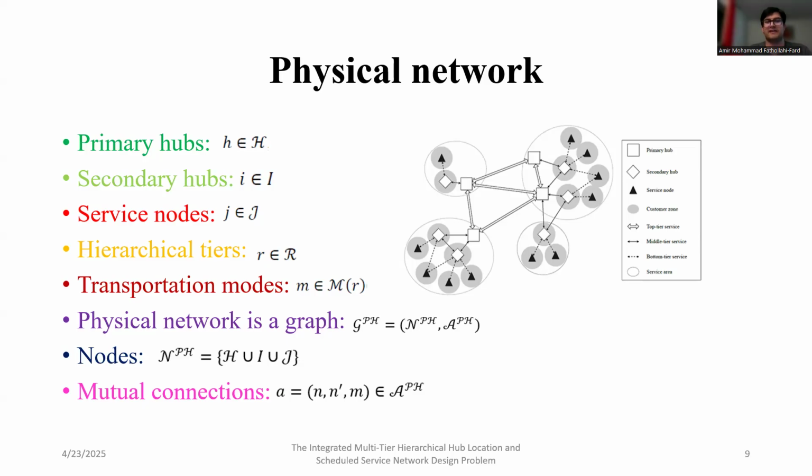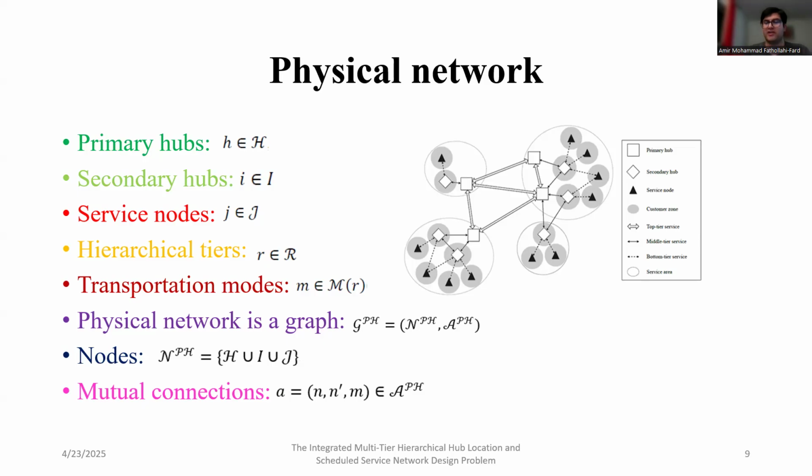Based on these nodes, which are defined as service nodes, primary hubs, and secondary hubs, we can define a physical graph G, where N defines the nodes and A defines the arcs.